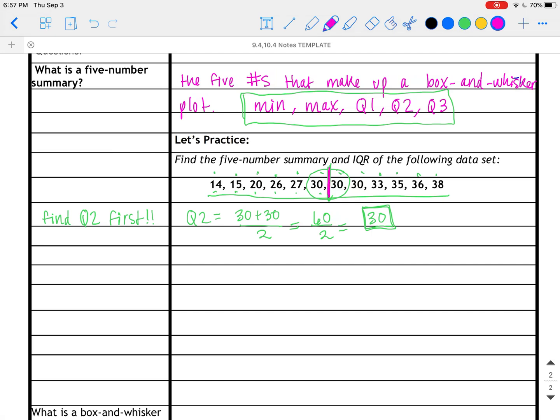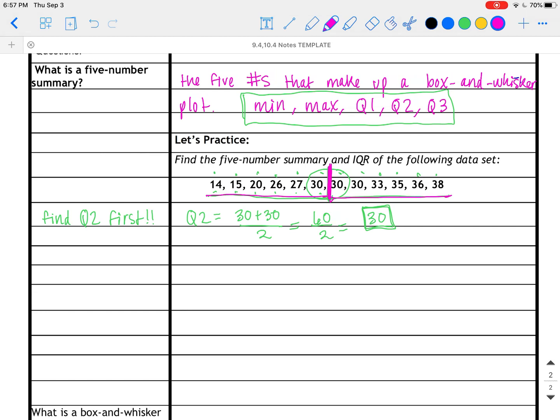All right, so now we split our data set in half, and we have these 6 values on this side and the 6 values on this side. So what we're going to do is find the median of each. Remember, the median of this half, our lower half, is going to be called quartile 1, and our median of the upper half, of course, is going to be called quartile 3.